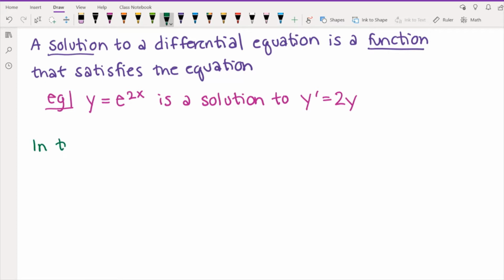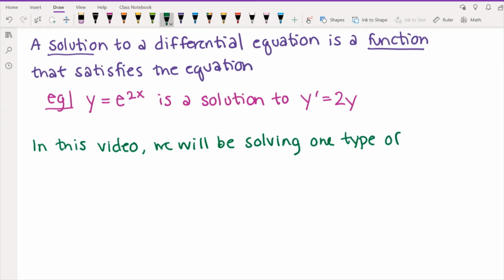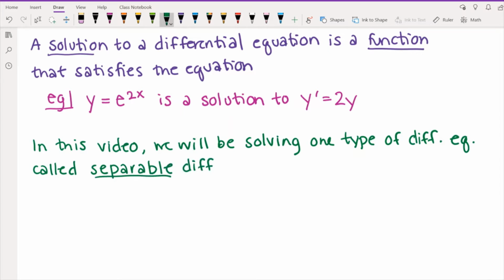So in this video, we will be solving one type of differential equations, called separable differential equations.